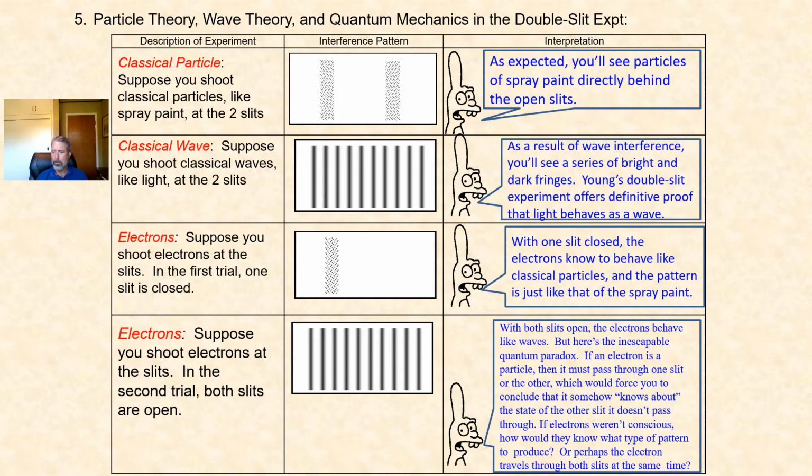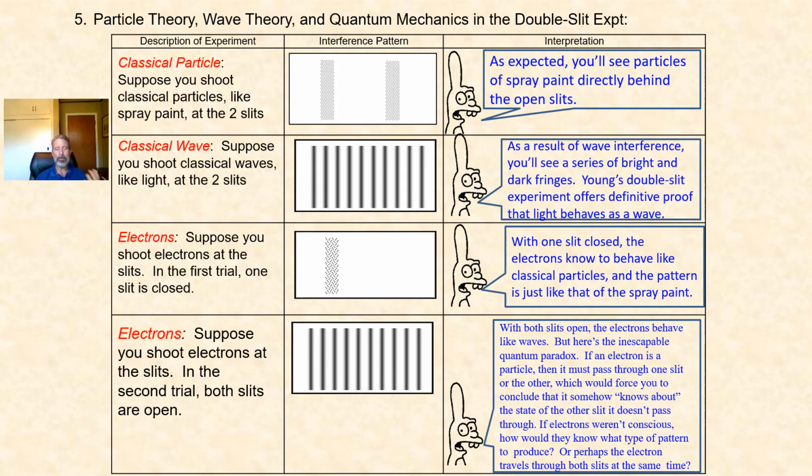If an electron is a particle, then it must pass through either one slit or the other, which would force you to conclude that that electron somehow knows about, is somehow aware of, the state of the other slit it doesn't pass through. Think about it. If electrons weren't conscious, how would they know what type of pattern to produce?